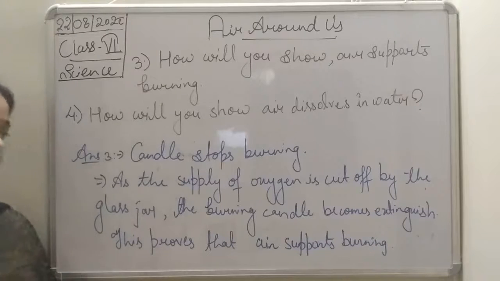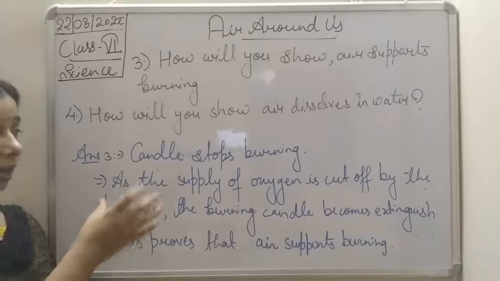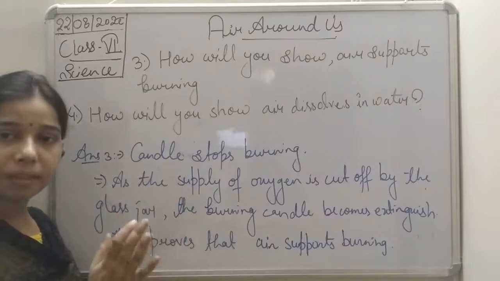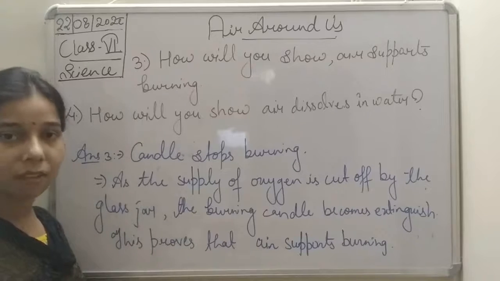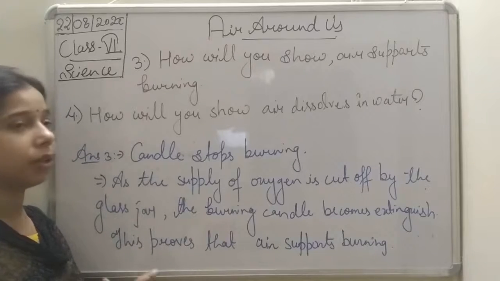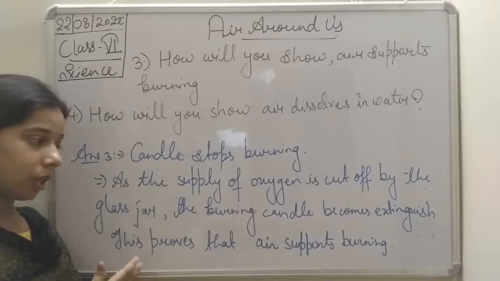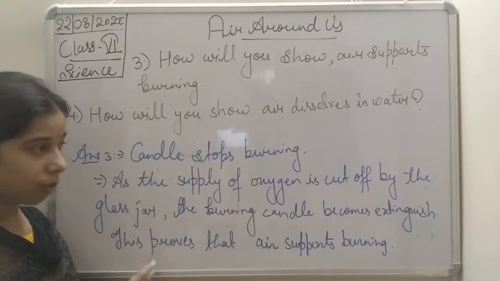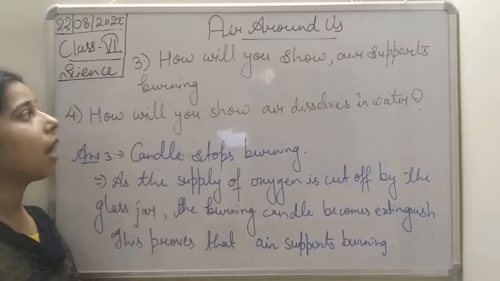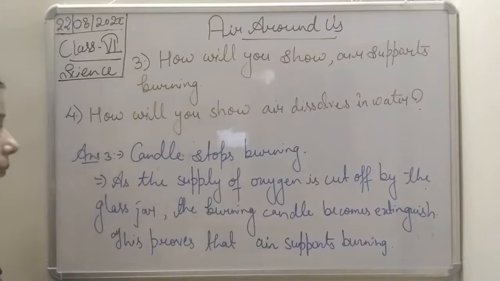It is because the glass jar cut off the supply of the air, cut off the supply of oxygen, which is necessary for the continuous burning of the candle. Thus, we can prove that air supports burning. So you have to write the activity in this answer, that is the third one.